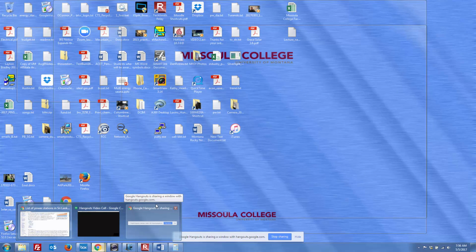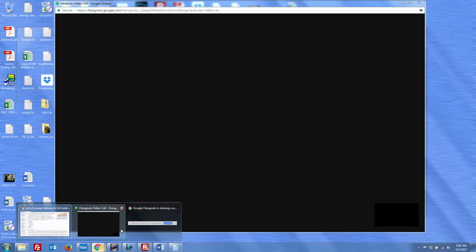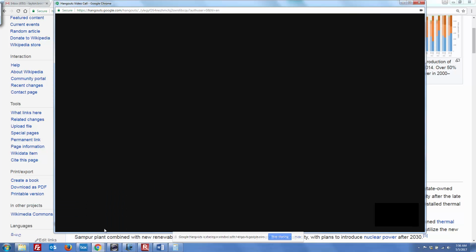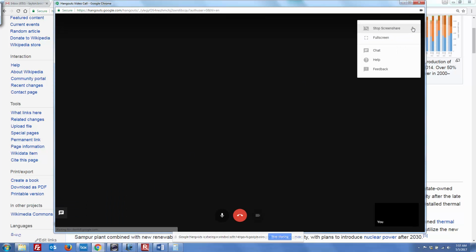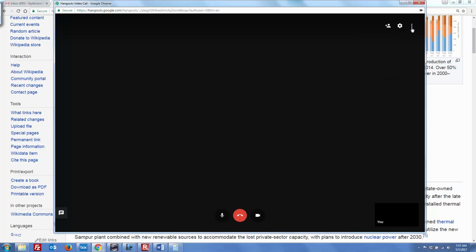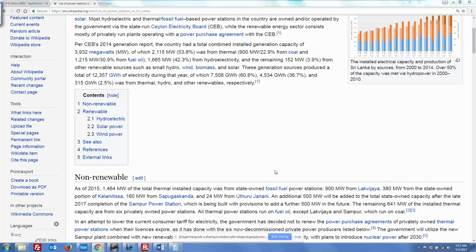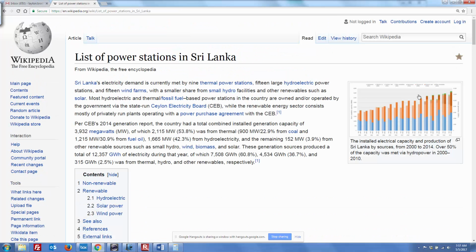The next thing I wanted to do is show Sri Lanka's power grid a little bit. So let's look at this. Share screen. Okay, can you see the figure that I'm looking at?